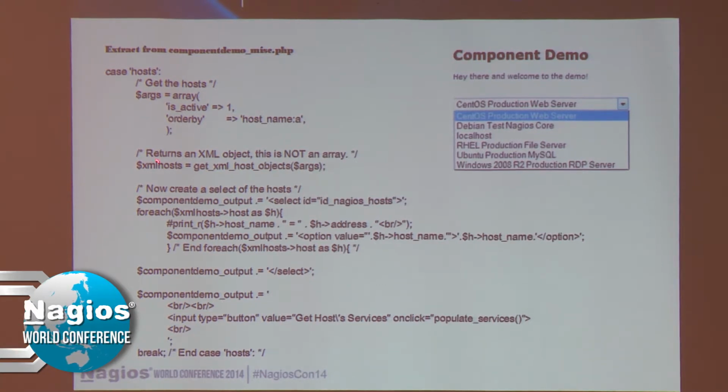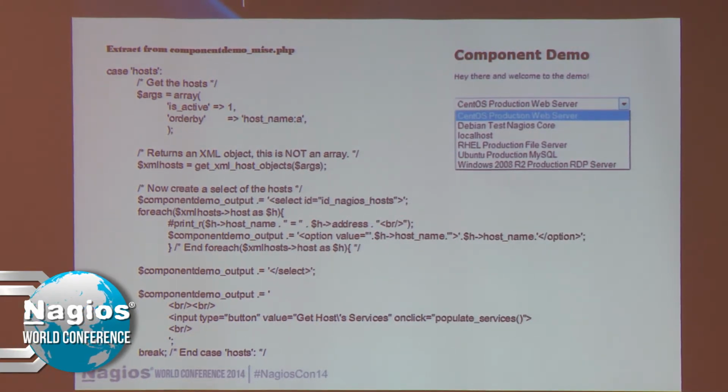We then go and we create a variable that calls that function. So now we have a variable with all of these hosts. Now it's not an array, it's an XML object. So then what I do is I pass through the XML object and create this select list with all these different hosts.